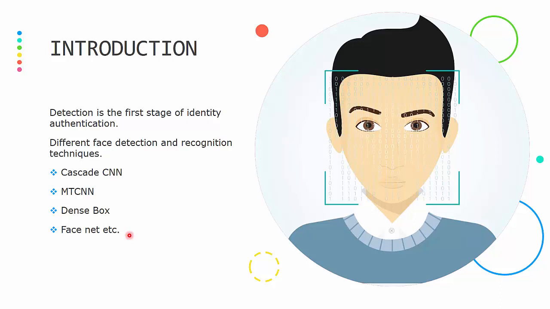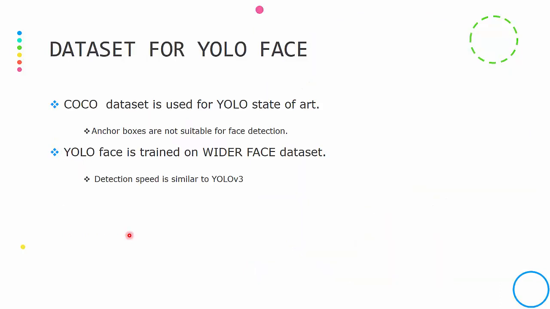It uses the Darknet. In the next slide, we'll see the dataset for YOLO face. YOLO version 3 is trained on the COCO dataset. When it is applied to face detection, the performance is not as well as expected.